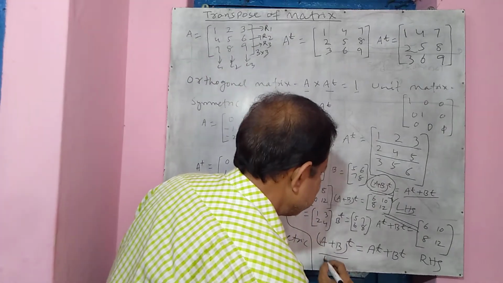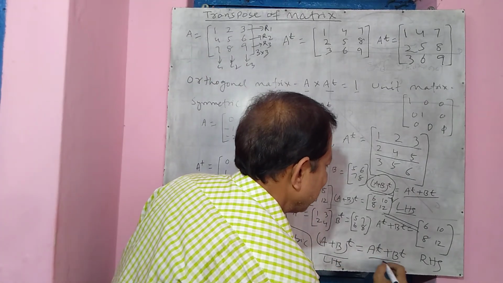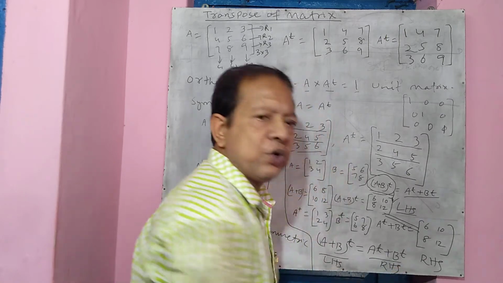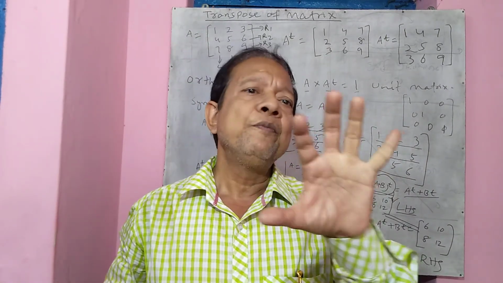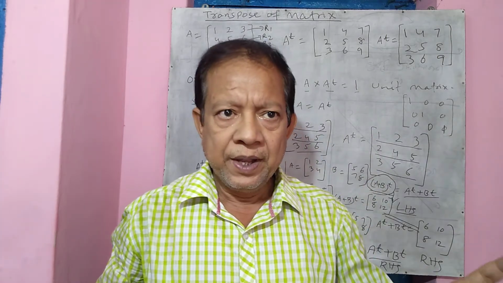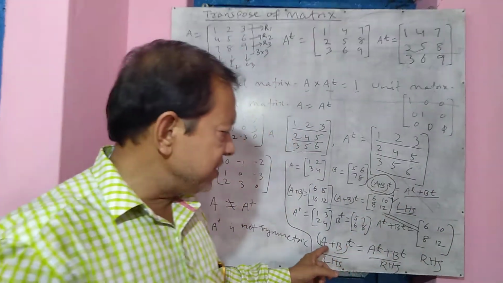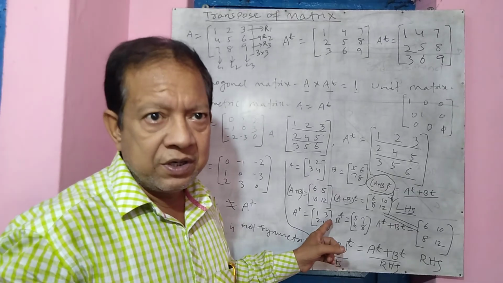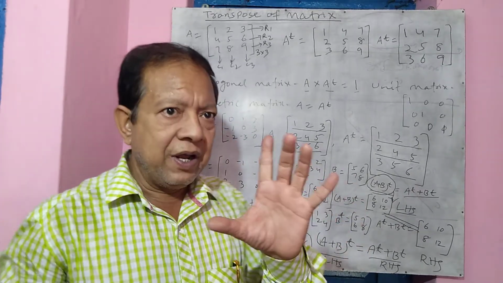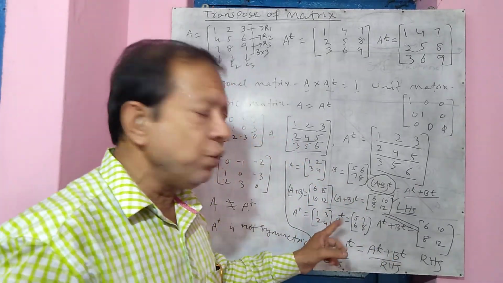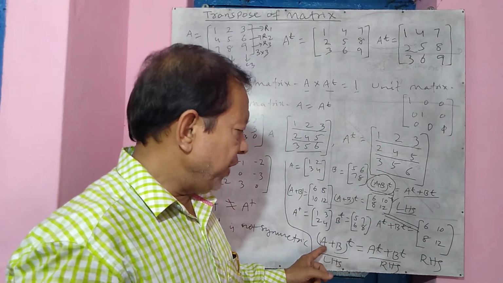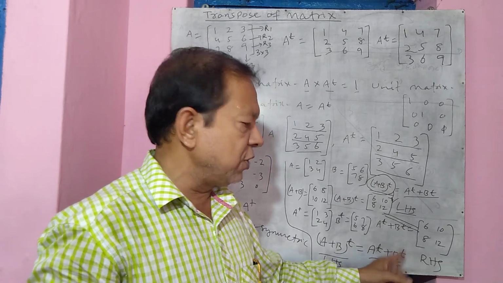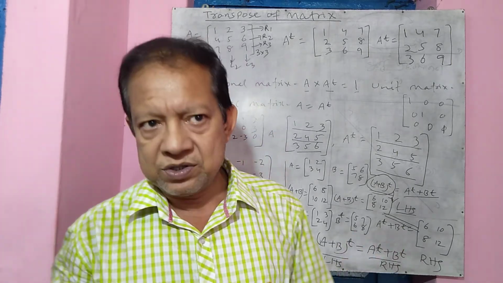Remember, this is LHS and this is RHS. You have to find out whether LHS is equal to RHS or not. So practice it in your house with a 3 into 3 matrix, not 2 into 2. Because of lack of time, I have just made it 2 into 2. You make it 3 into 3 in your house and see whether A plus B transpose is equal to A transpose plus B transpose, true or false.